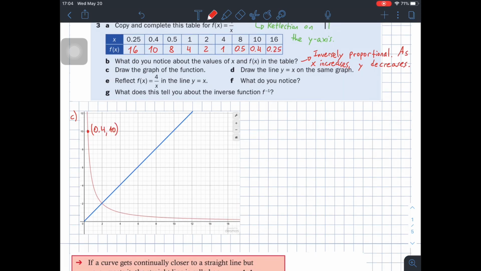Another point is 0.5 and 8. That's right here.